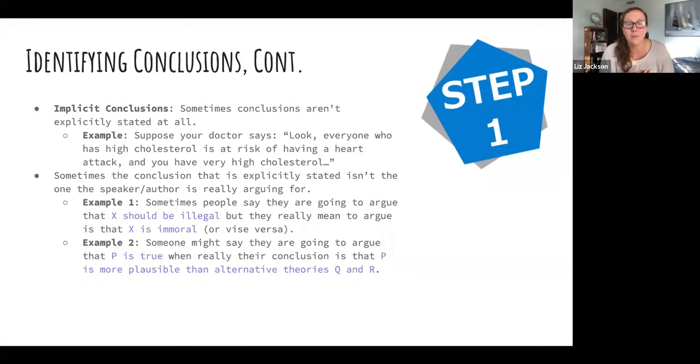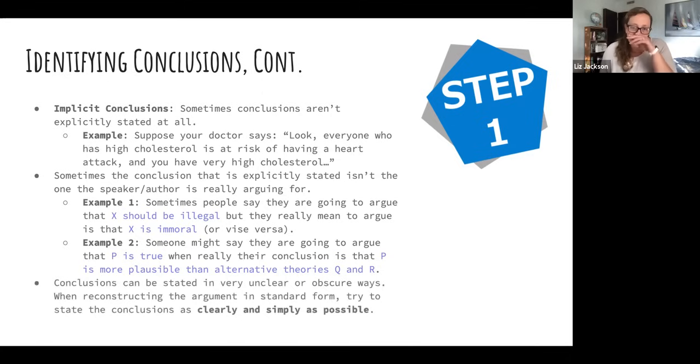And even though we're maybe not going by their exact intentions, sometimes charity could override that, and we're saying, I really think you're actually arguing for this weaker claim. So we do need to be careful here. And in most cases, again, don't assume that the author doesn't know what they're saying, but there are some cases where we should say, this is what I think your conclusion actually is.